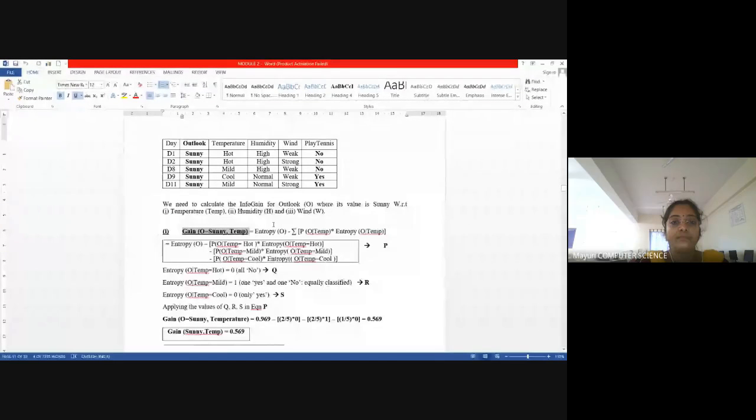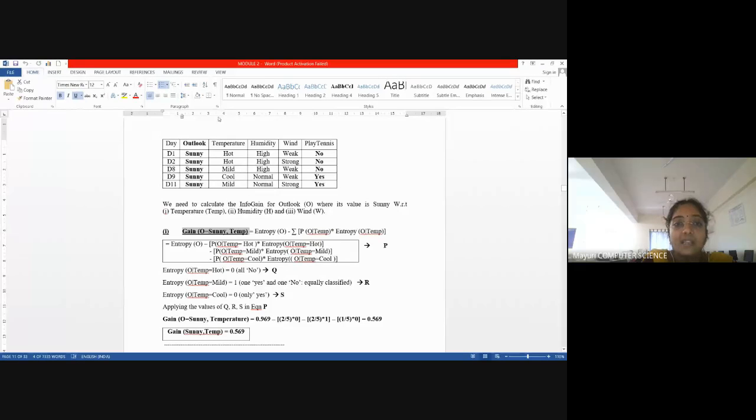So now, once you're done with entropy, we can go directly with the formula. What is your total entropy? What did I write here? 0.969. So total entropy you need to calculate because the table has changed right now. You cannot consider the previous total entropy. Correct? So how could you do that?